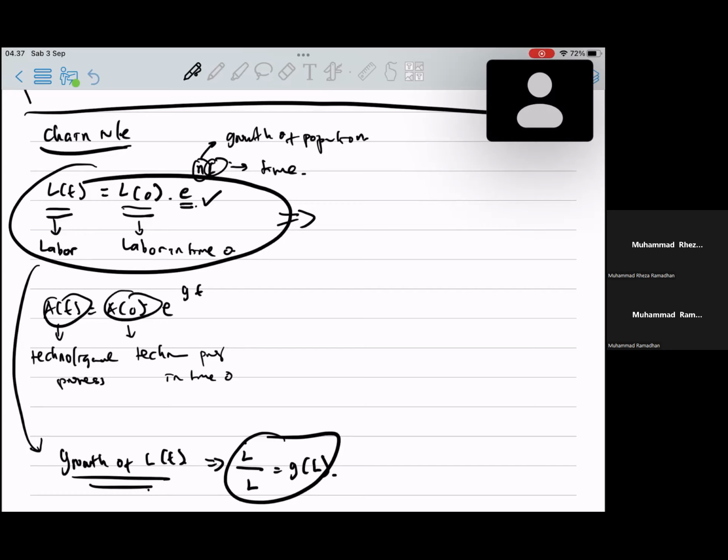So you have to change this to the log form, and you have ln L_t is equal to ln L_0 plus ln e to the power of nt.